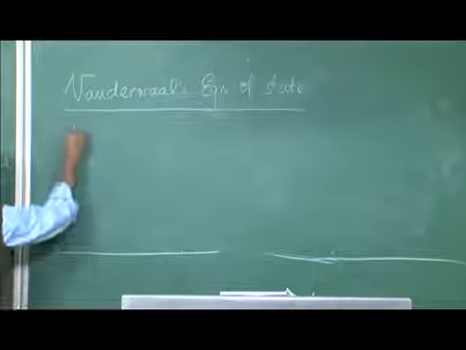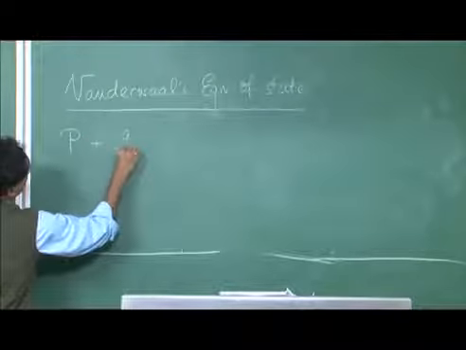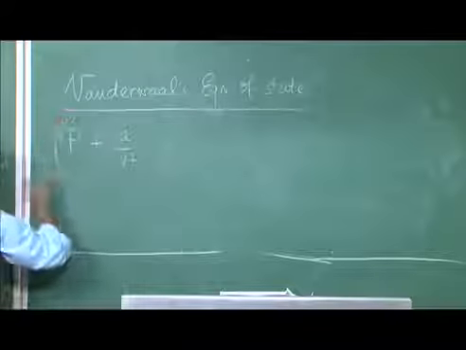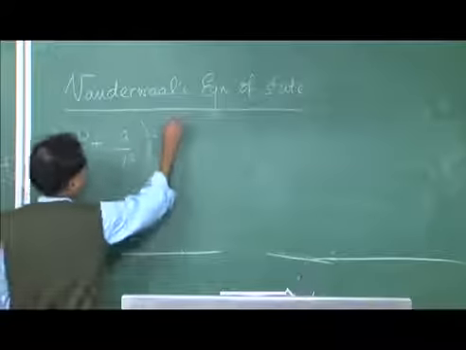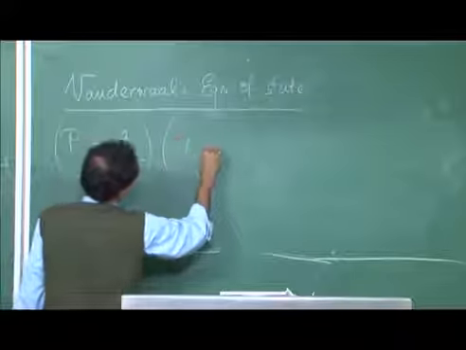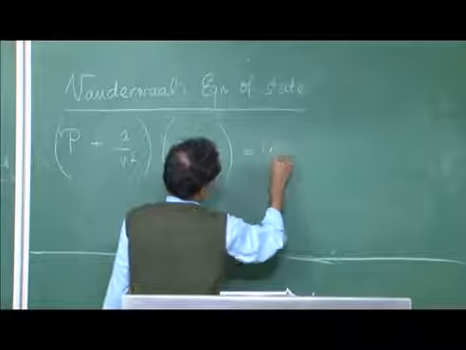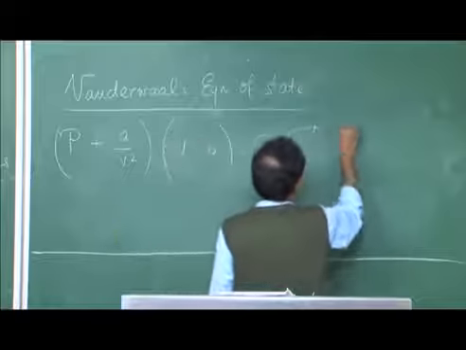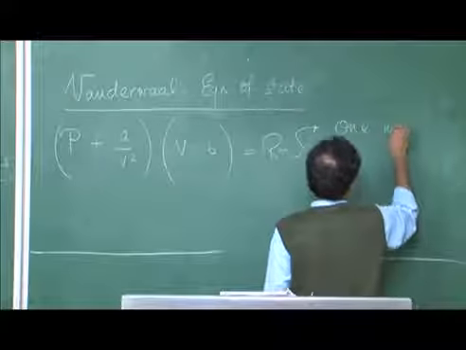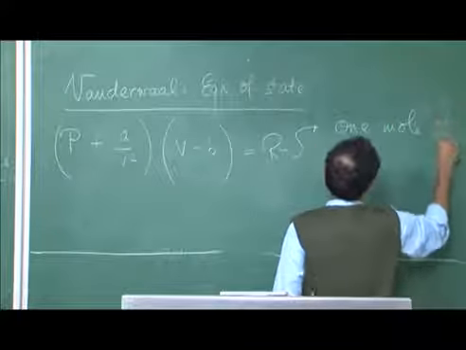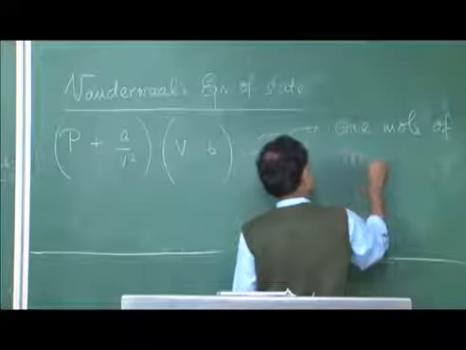Let me write it in this form: (P plus a over V squared)(V minus b) is equal to RT. I am assuming 1 mole of van der Waals gas, let me call it a real gas.